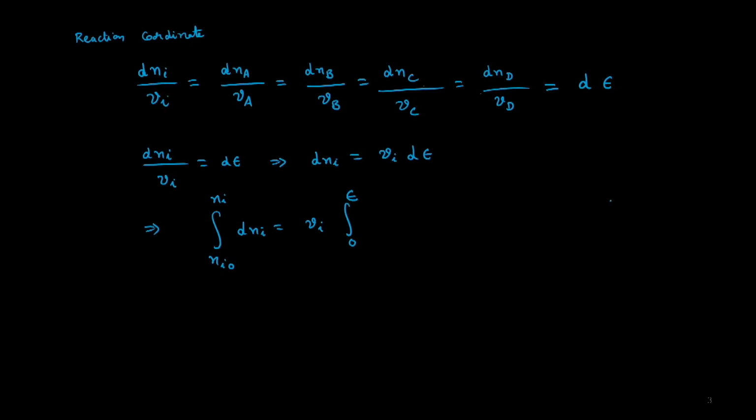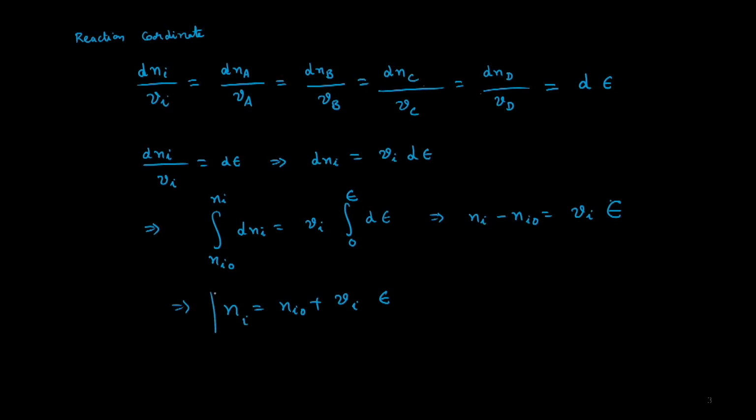If the reaction coordinate is epsilon, that's when we get the final number of moles Ni, then it will be the integral from 0 to epsilon of d epsilon. And if I take this, it will be Ni minus Ni naught is going to be nu I times epsilon, or Ni is going to be Ni naught plus nu I times epsilon.